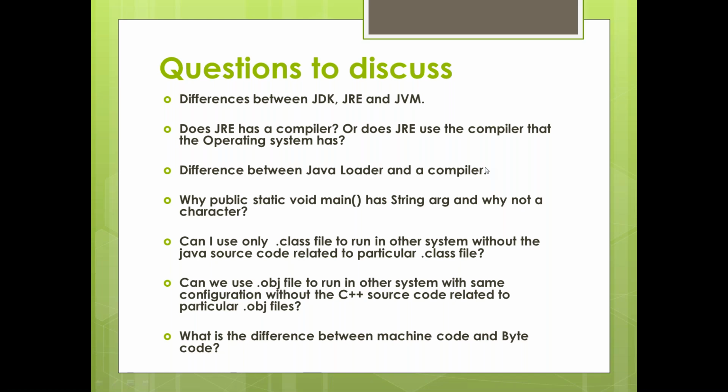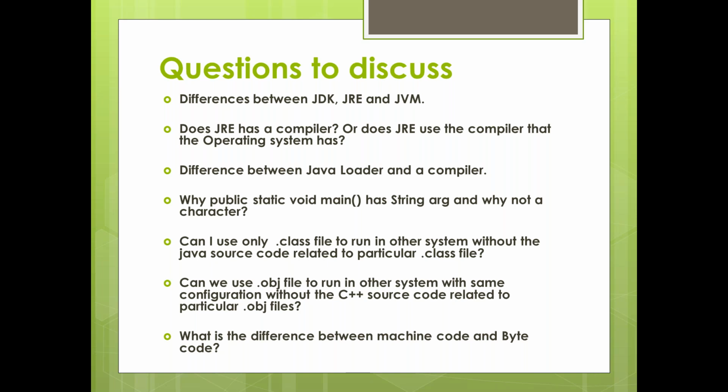So what is the difference between Java loader and a compiler? The compiler is a separate part. It is used to compile whatever code you have written in the .java file, that is your source file, the compilation unit, as we call it. The Java compiler is used to generate your bytecodes.